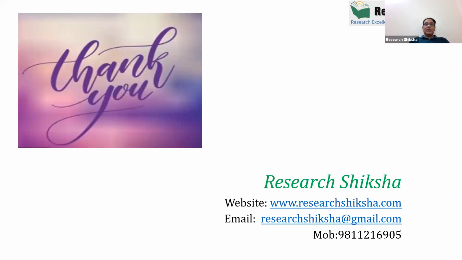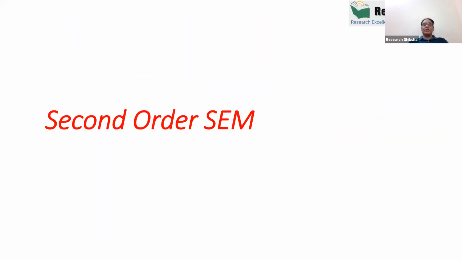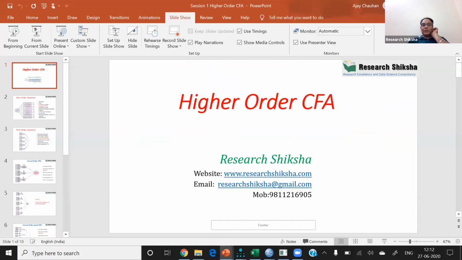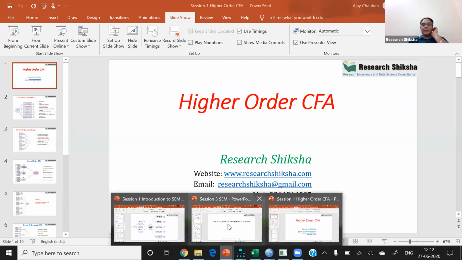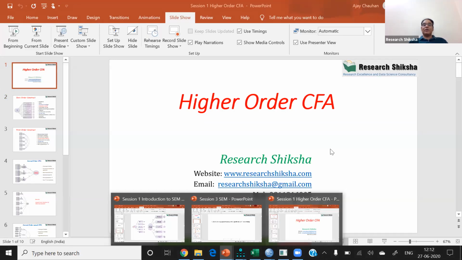Okay, so let me show you one by one how we can perform all these things in AMOS, and a few things I also want to show you. Okay, fine. So now I am showing you one by one. First of all, I will show you the second order CFA, and then I will show you the first order SEM, then second order SEM.